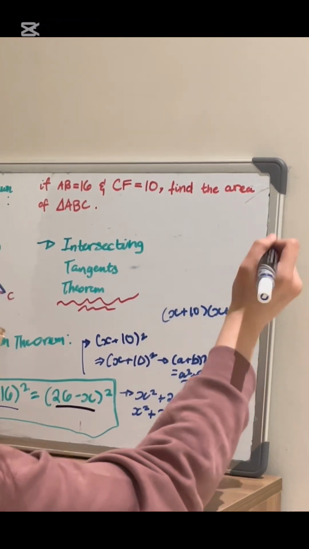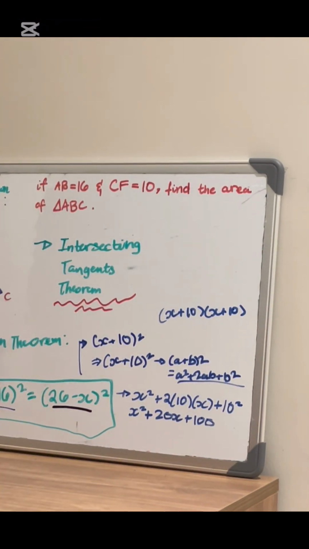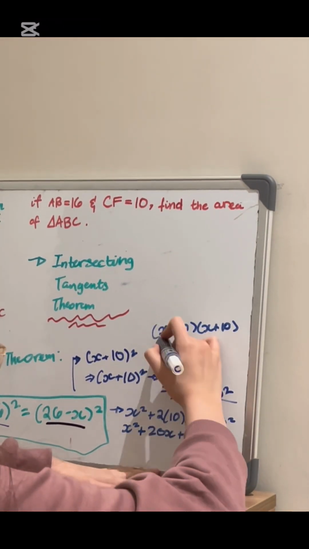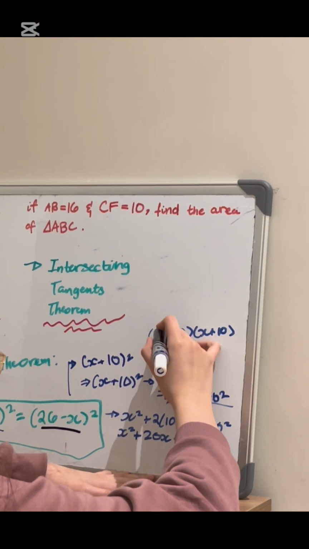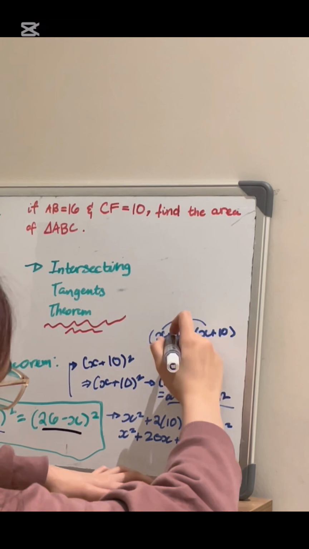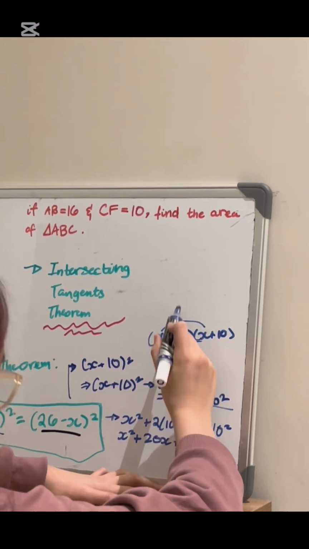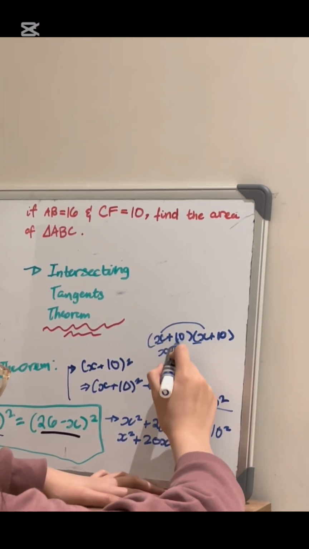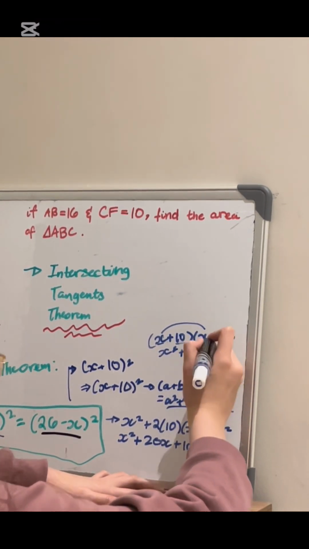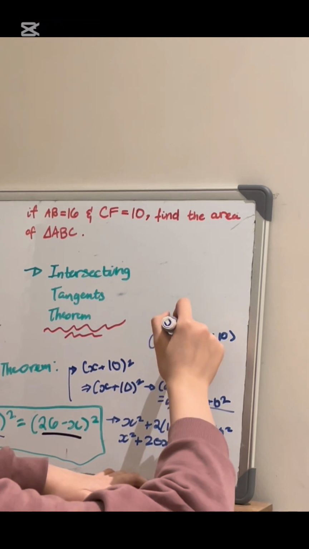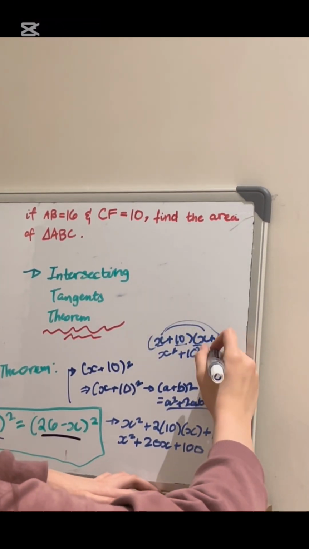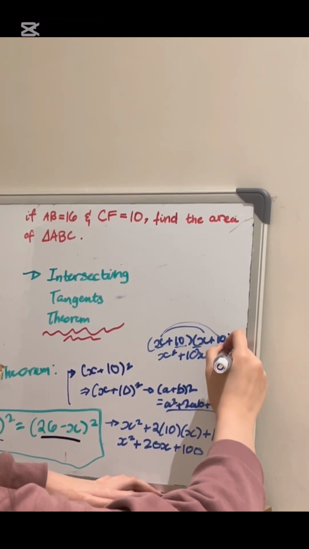If we do the FOIL method and we do x plus 10 squared, you're going to get x squared plus 20x plus 100. So let's start by multiplying the two first terms, which are x and x. X times x is x squared. Then we multiply the middle terms. 10 times x is plus 10x. Then we multiply x times 10 again, which is plus 10x.